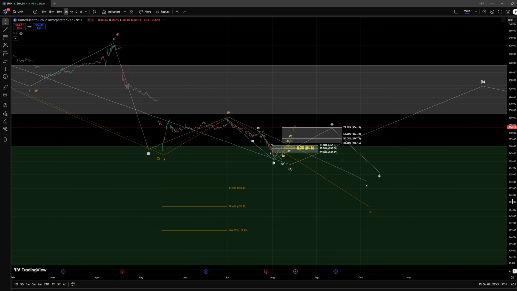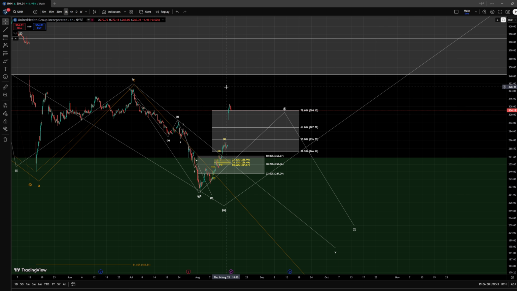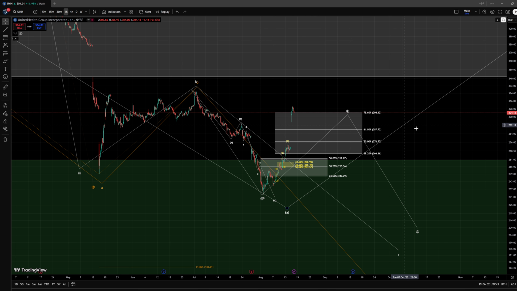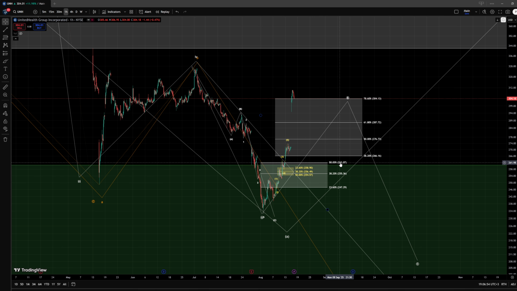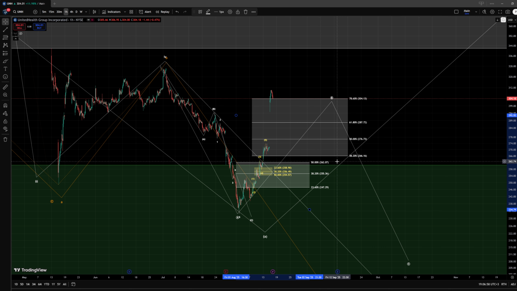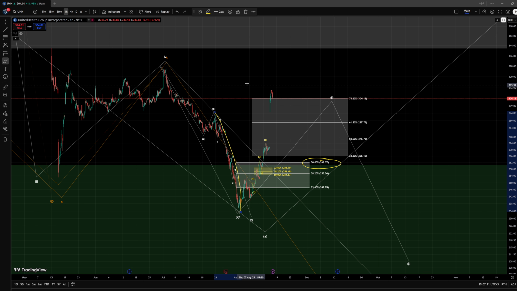Now looking at the structure here, we did actually push further up, and in the previous video, I mentioned that this resistance zone in white would be the last indication that we would be heading directly lower here with a third wave to the downside that would have allowed continuation either in both the orange and the white scenario.